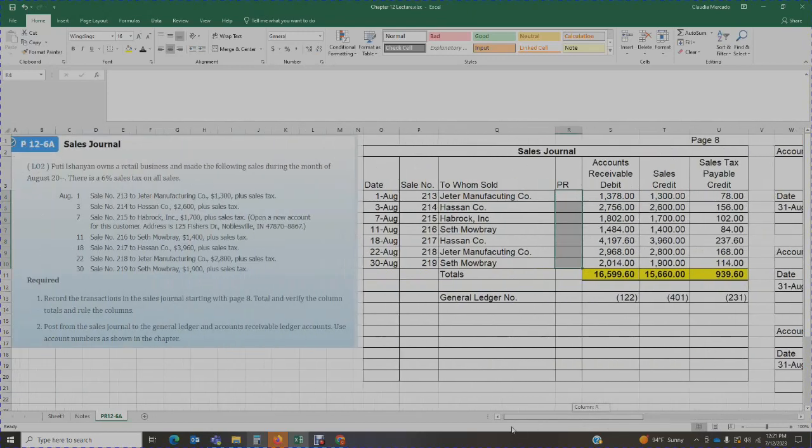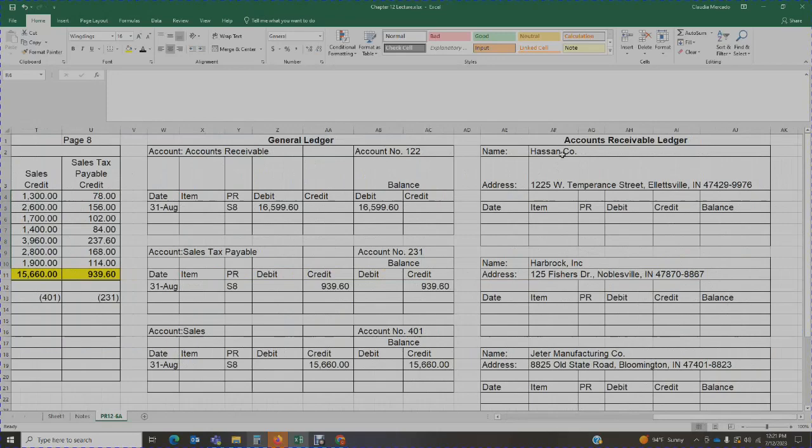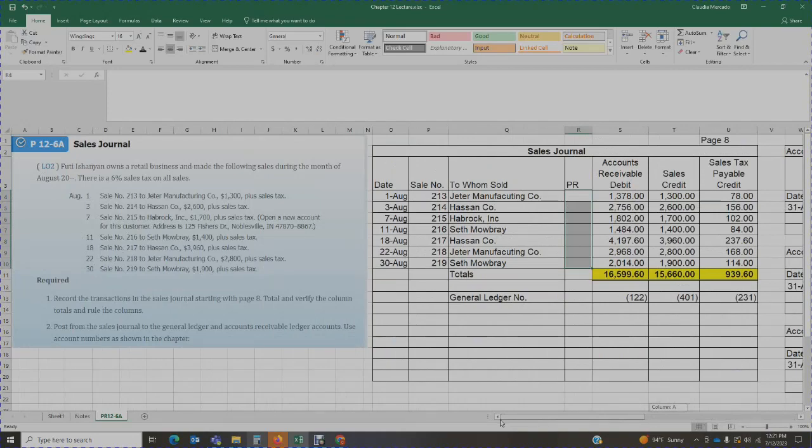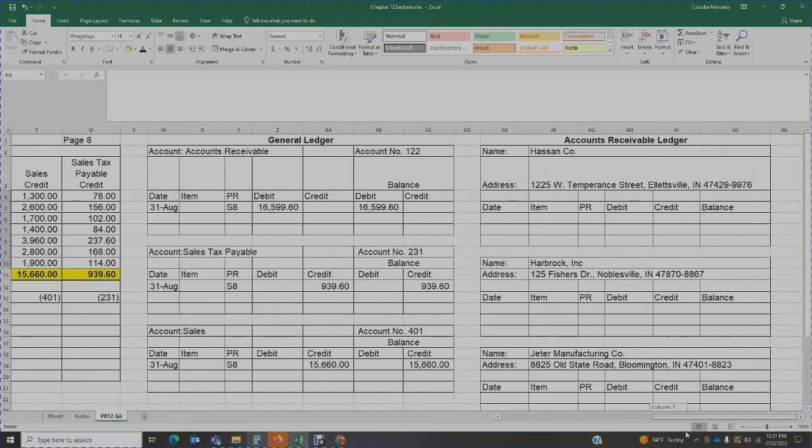So we're being asked on requirement 2 to post from the sales journal to the ledger and to the accounts receivable ledgers. So here we have a ledger by customer. We made sales during the month to these specific customers, and now we have to keep track of who owes us the money. So we have to update our accounts receivable ledgers.